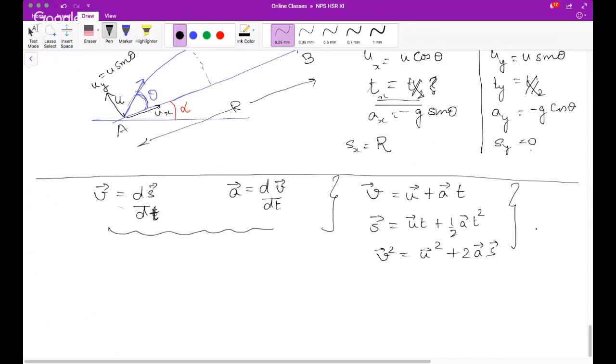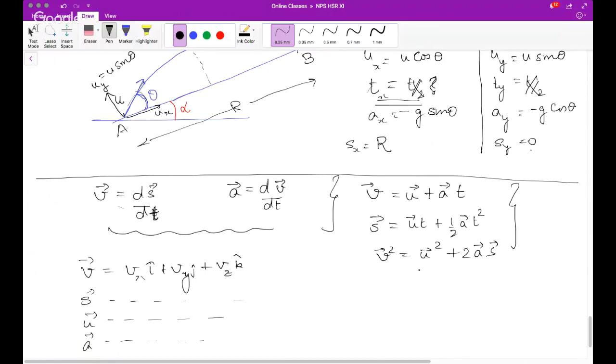So now you can extrapolate this information. How? If this works in 2D, the same thing will work in 3D as well. In that case, simply V will be replaced by Vxi plus Vyj plus Vzk. So there will be three components. Similarly, S will be resolved into three components, U into three components, and A into three components, and we'll write three vector equations again.